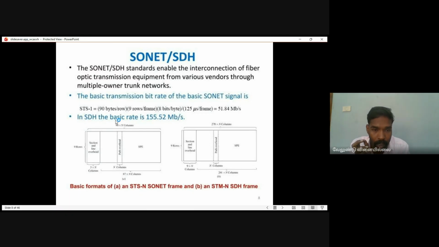You can see here the basic format. There are 9 rows and 90 times N columns.